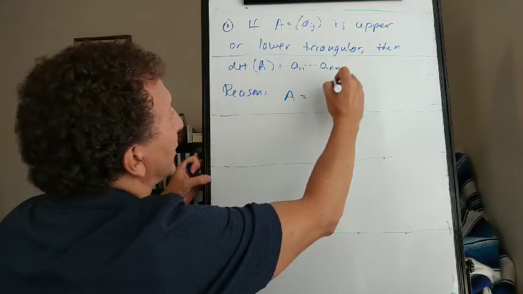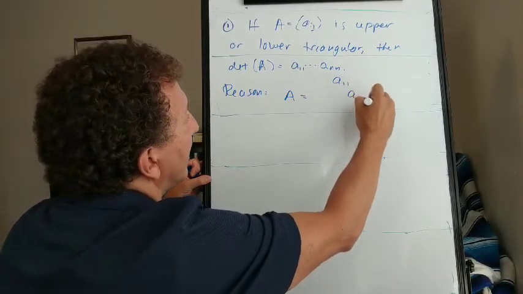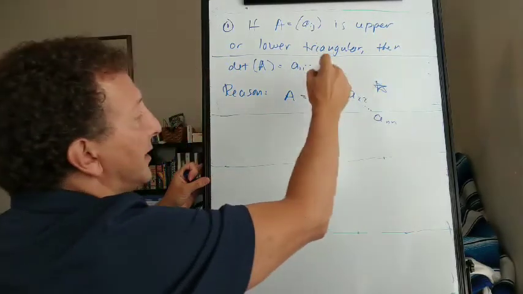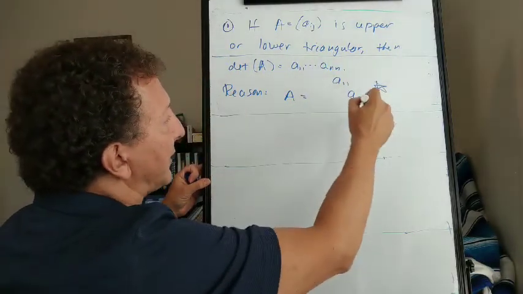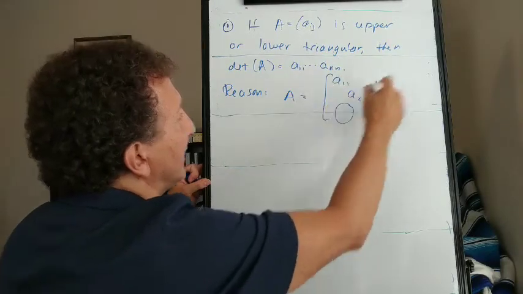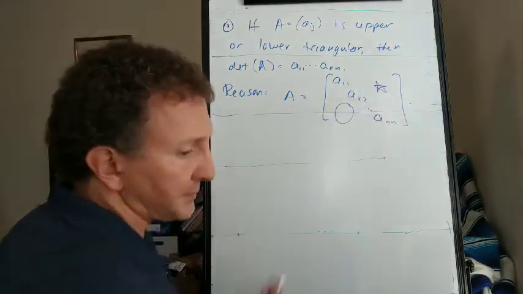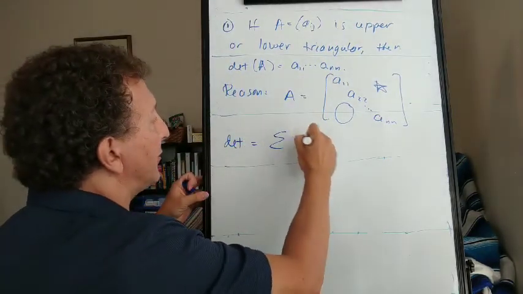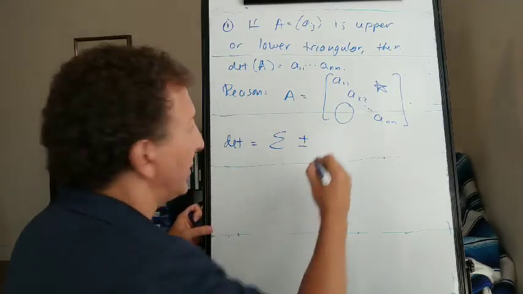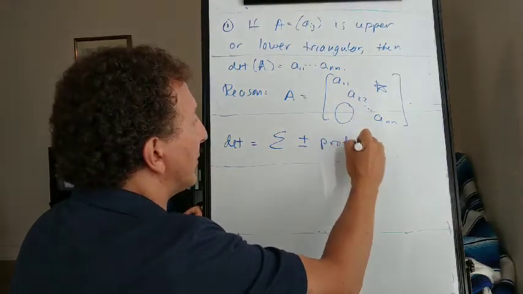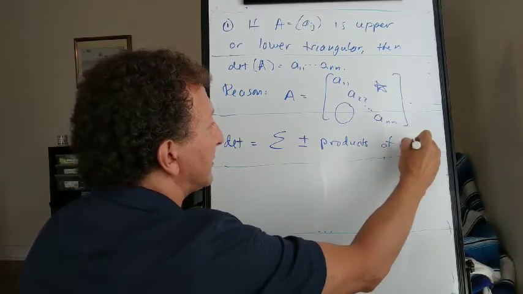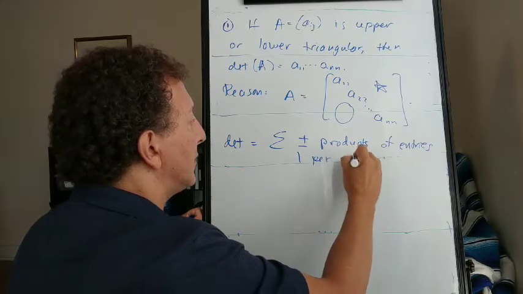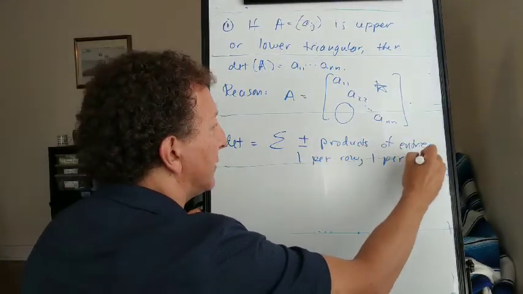The reason is that A is going to look like, let's say it's upper triangular, so it's got entries on the diagonal, anything at all above that, and then all zeros below the diagonal. And determinant is a sum of plus or minus products of entries, one per row, one per column.